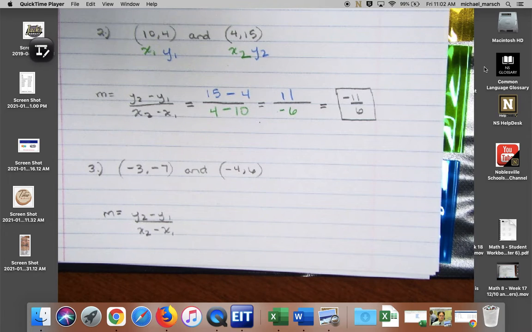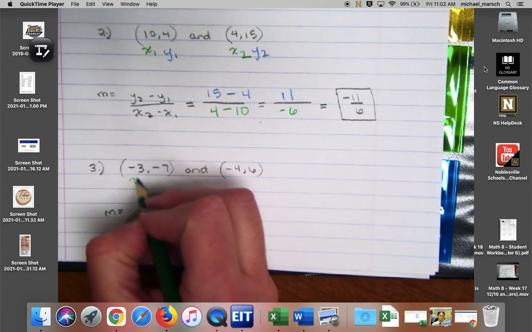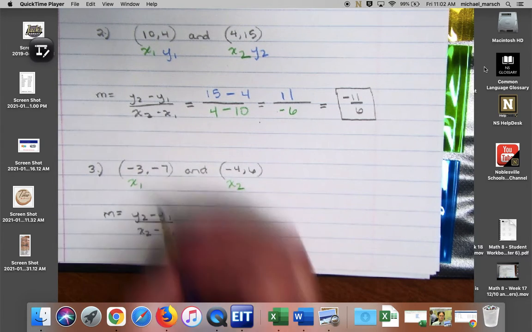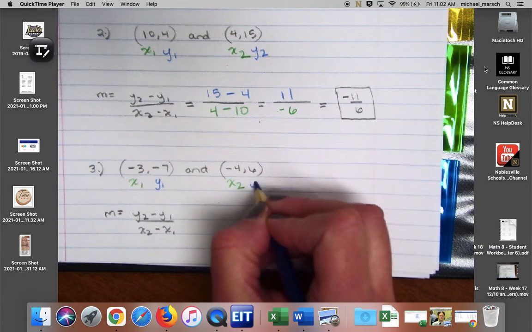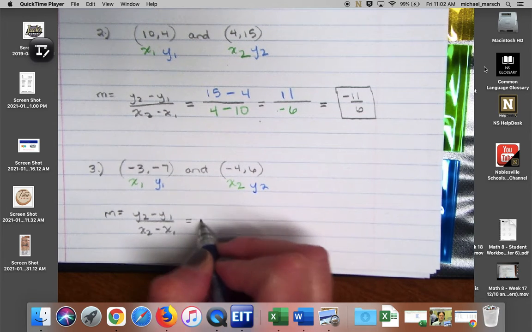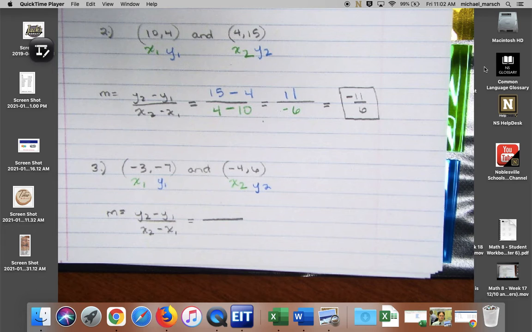Y2 minus y1 over x2 minus x1. What did I forget to do? Label, guys. x1, x2, y1, y2. Go ahead and do this one by yourself, and then we will compare answers.